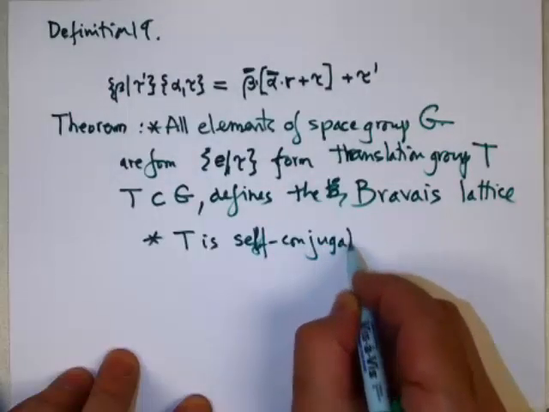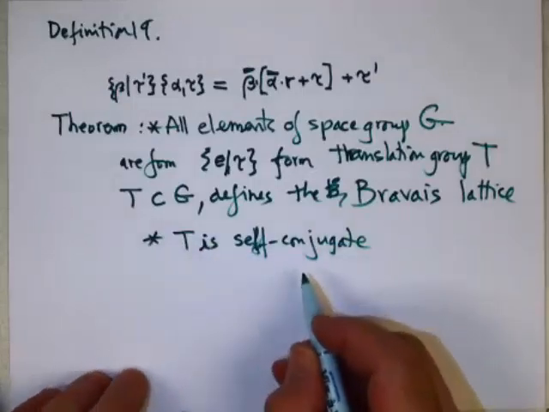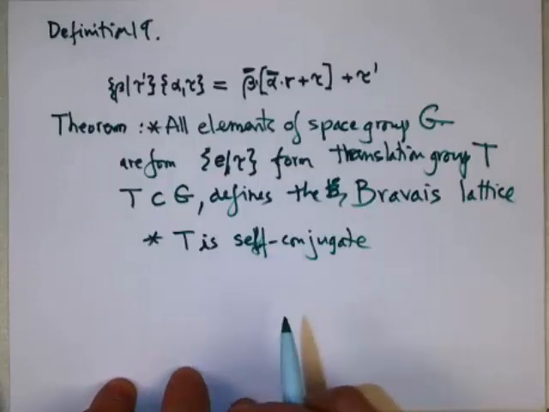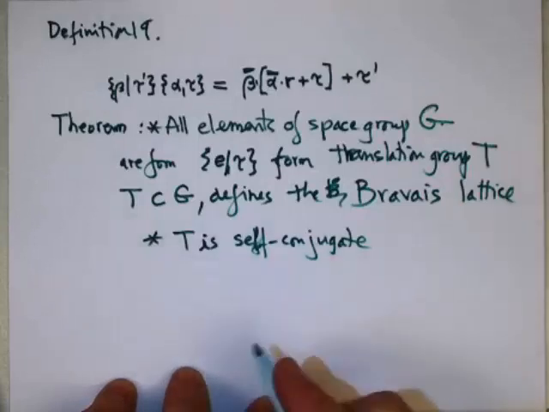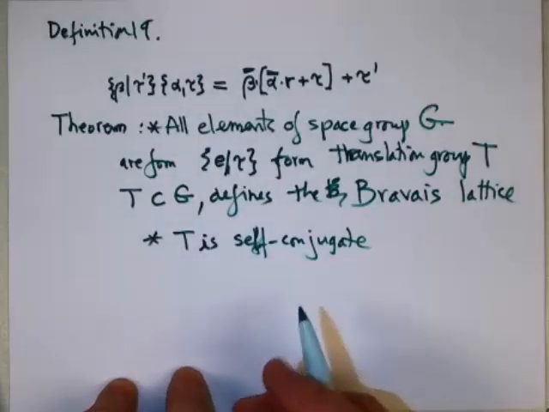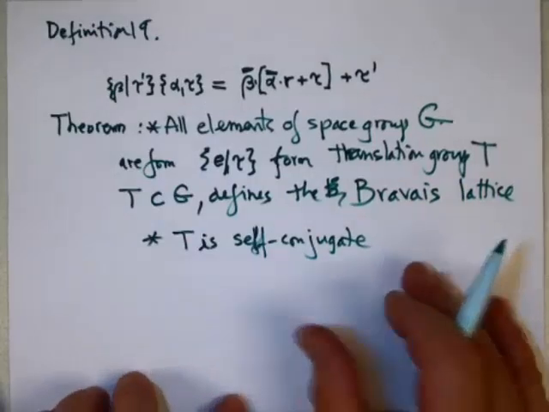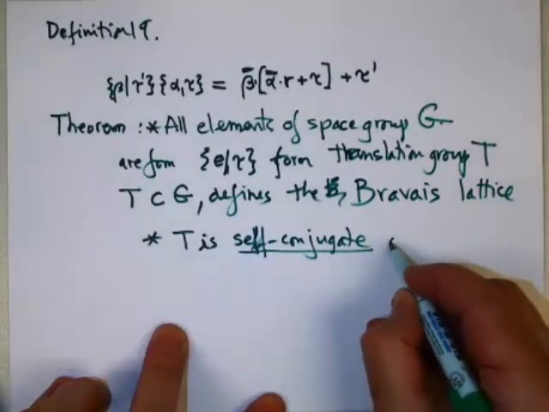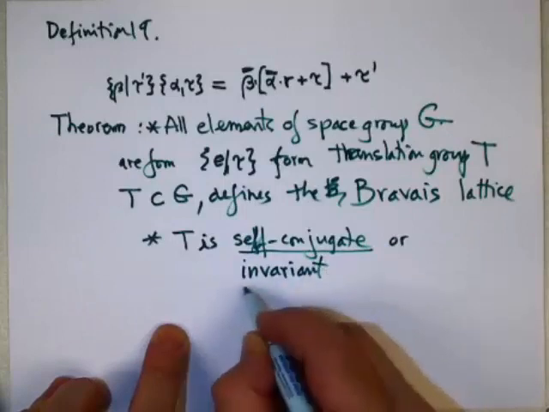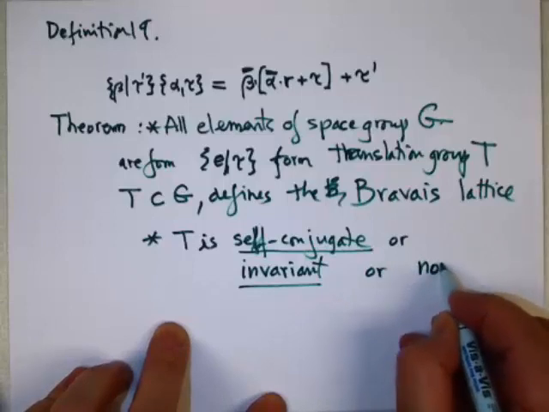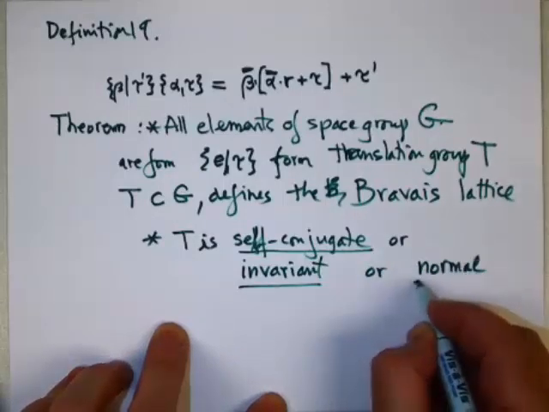If you remember this from triangles, for example, the rotation group of 3 elements was a self-conjugate group because reflections didn't take it out. But reflections were not self-conjugate because there were 3 different reflections in the same class. So that's where we have to establish that the translation group is self-conjugate, invariant, or normal. That's my favorite word because I don't know anybody who is normal, but in group theory, we have normal subgroups.